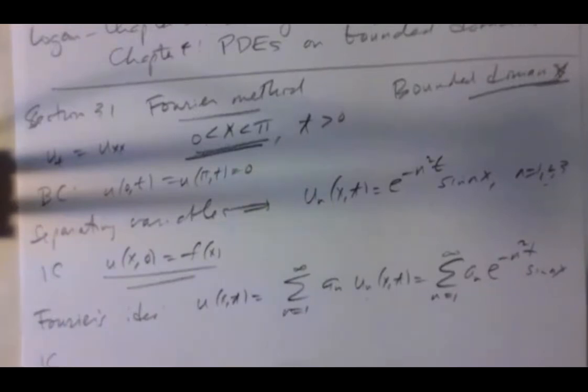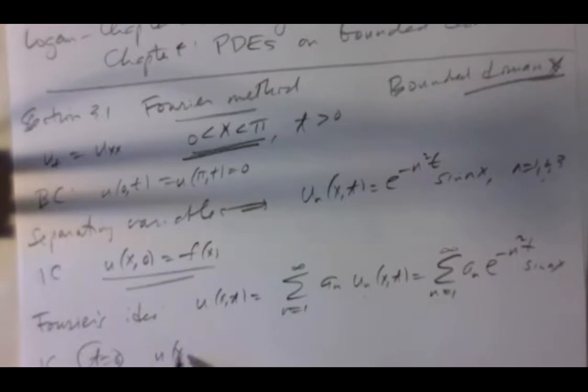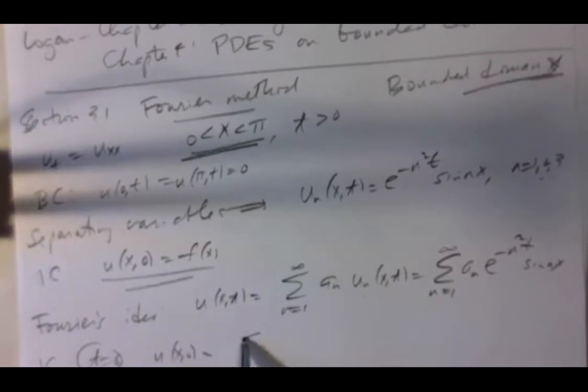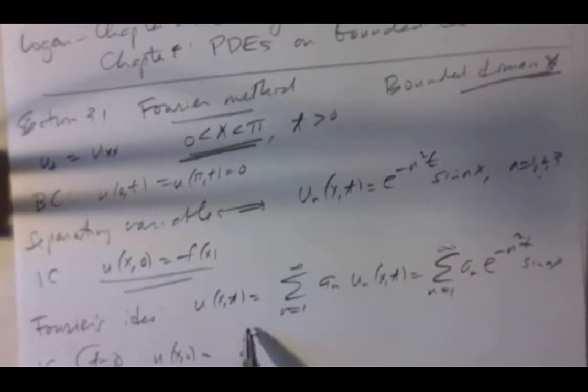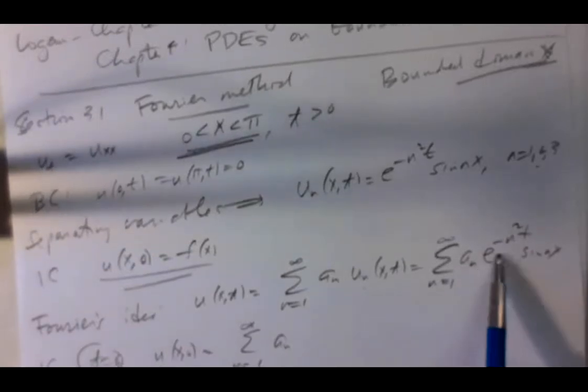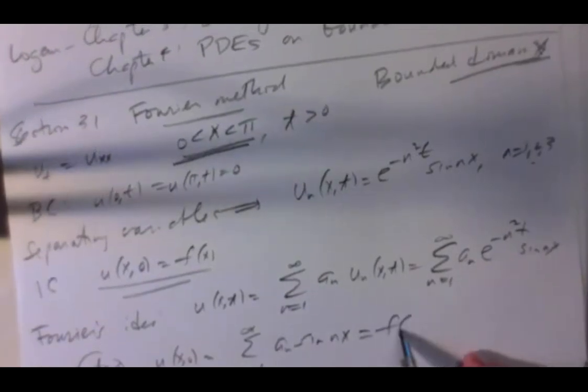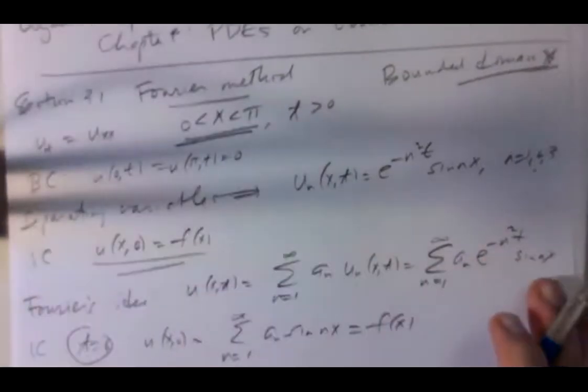And if you let t equal 0, this says that u of x,0 is equal to the summation of a sub n. When you let t equal 0, the exponential is just 1. So this is a sub n sine nx, and that has to be your function f of x.